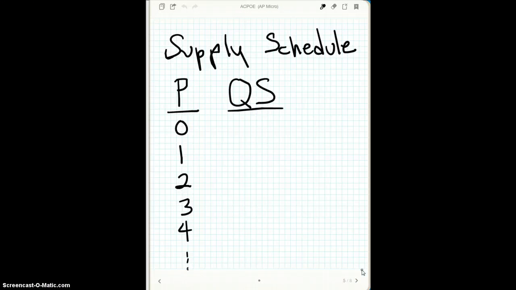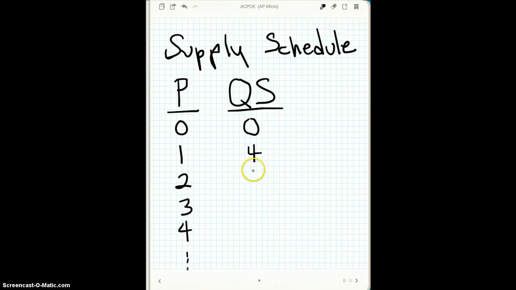There's also a supply schedule, and using our same price, this is a list of various possible prices, 0, 1, 2, 3, 4, and so on. And the quantities supplied in this market, just made up, this is hypothetical. Let's say at a price of 1, 4 units would be brought to market.